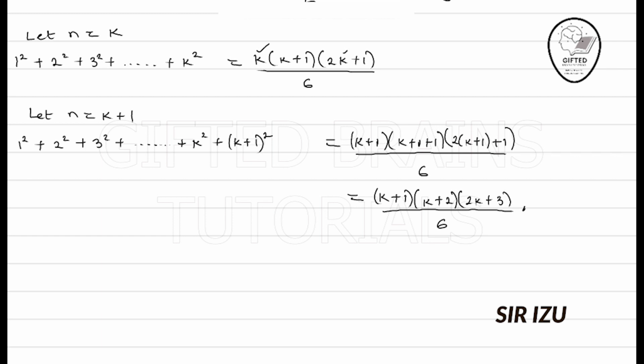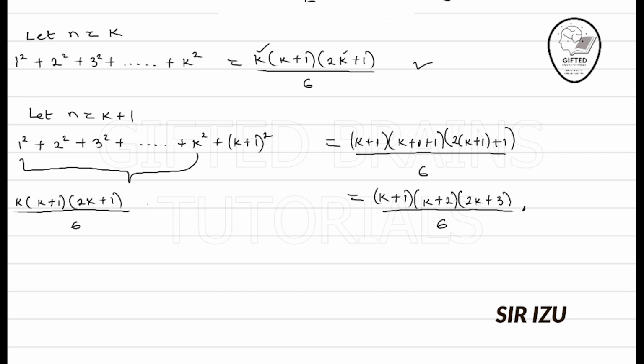Now let's see, can we work on our left hand side to give us what we have on this right hand side? That's what we want to do. But recall briefly that from step 2, up to this k squared, it gave us k(k plus 1)(2k plus 1) all over 6.